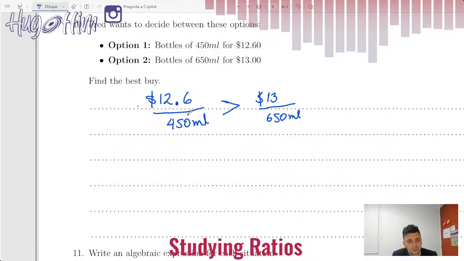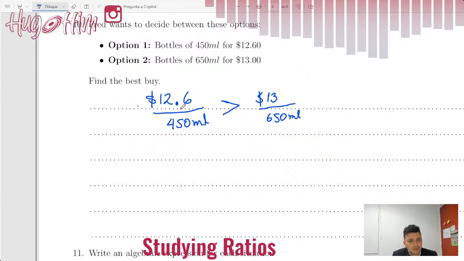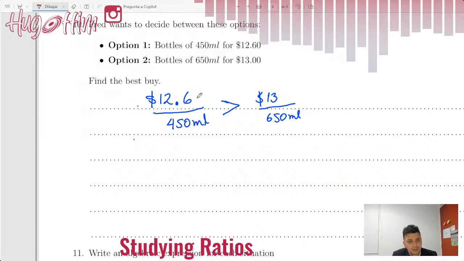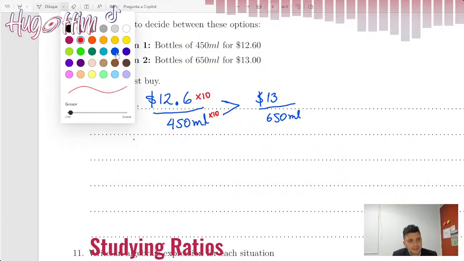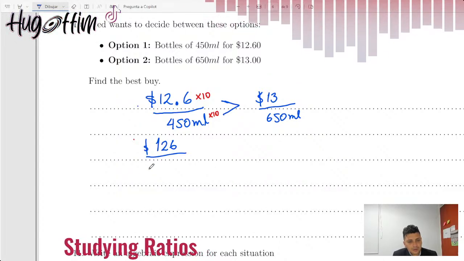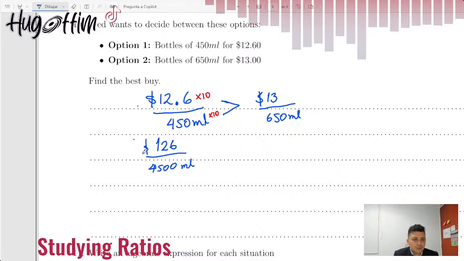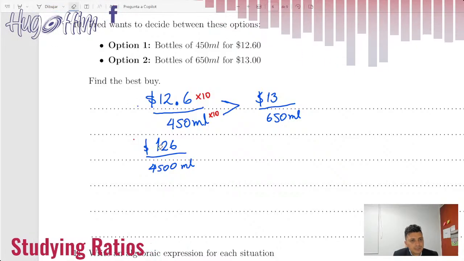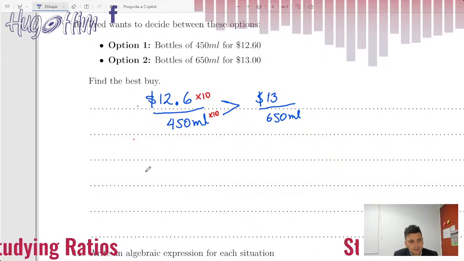Look at that, this is 12.6 over 450 milliliters. 12.6 I have to multiply by 10 because I need to rid of the decimal to get $126 over 4,500 milliliters. And now I'm going to simplify. I can simplify this fraction. I'm going to move it a little bit down so I can have a space to simplify my fraction.